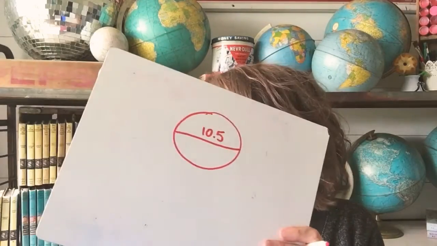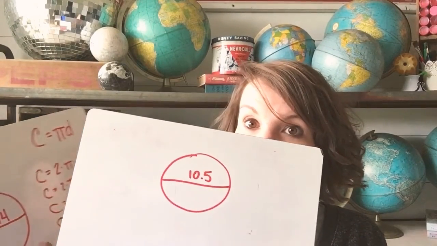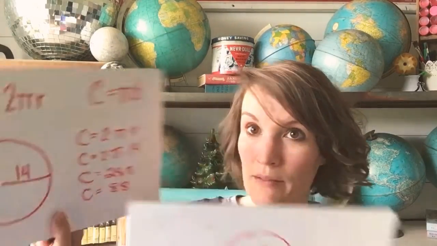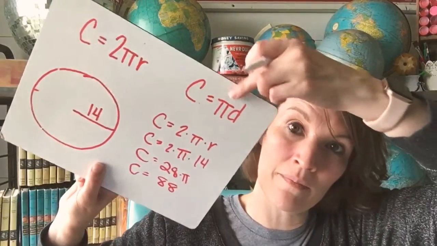Let's do one more. Let's find the circumference of a circle that has a diameter of 10.5. So I ask myself, which formula do I use? Look, what have you been given? I've been given diameter, so let's use the diameter formula.